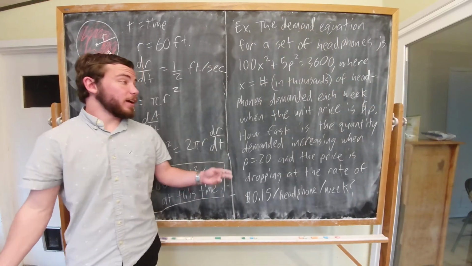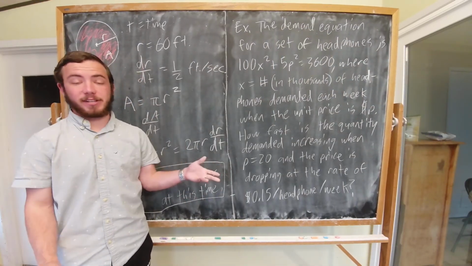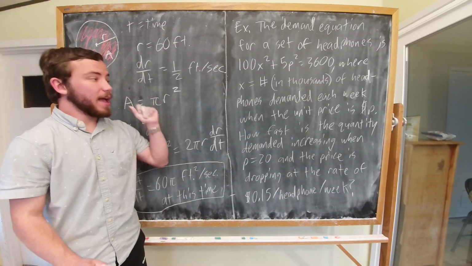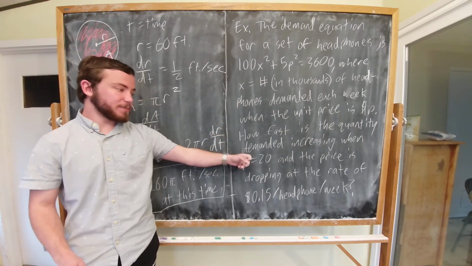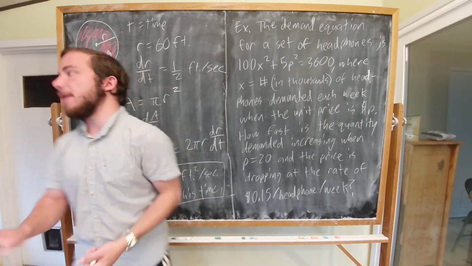So, reasonable question, right? Laws of supply and demand say price goes down, demand goes up. How much is the demand going up if the price is this much and decreasing a certain amount?